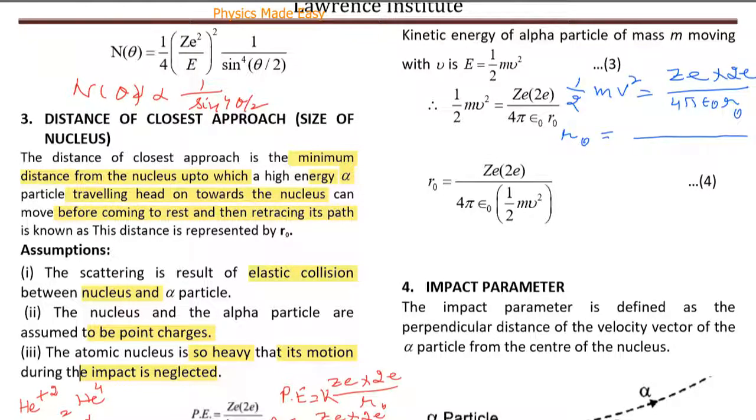Now this distance r naught is equal to, we can even cancel out this 2 pi.